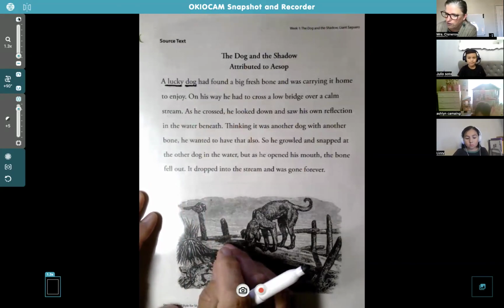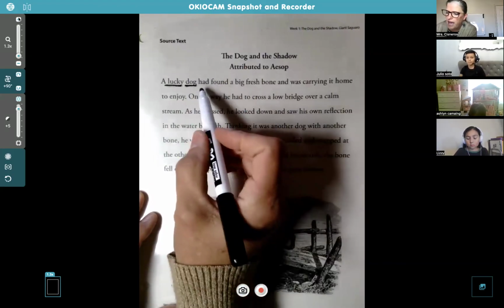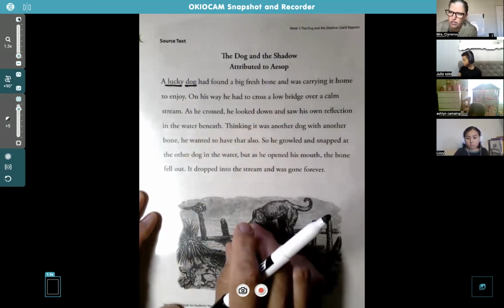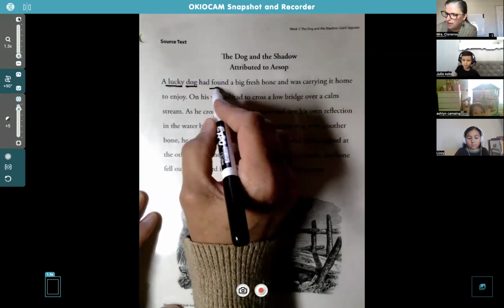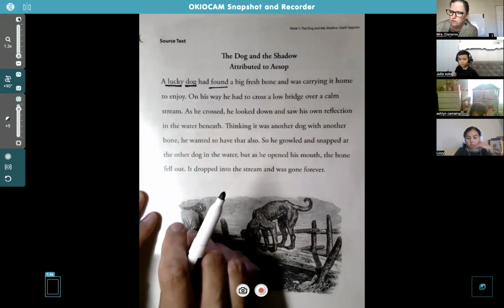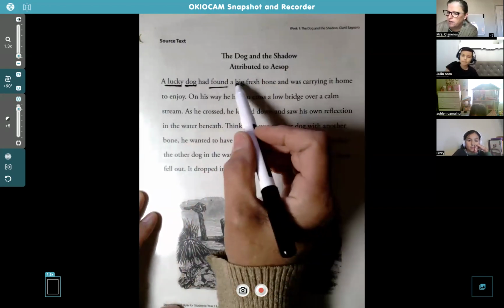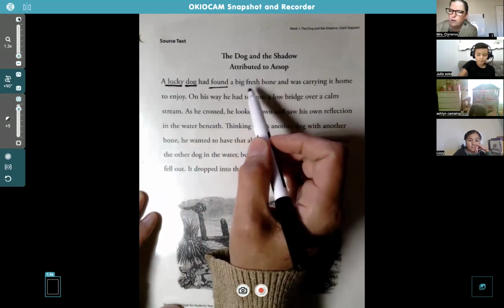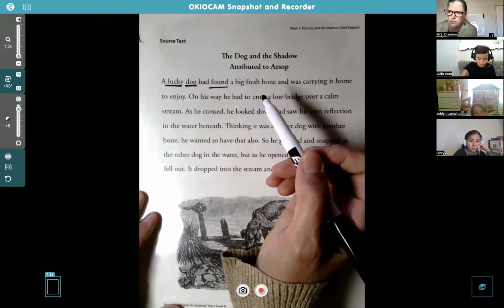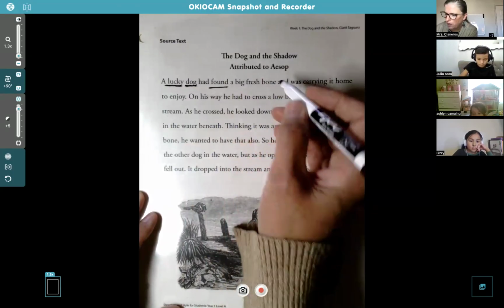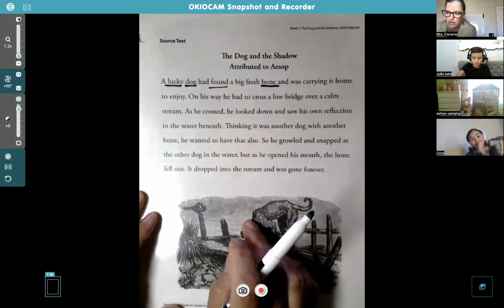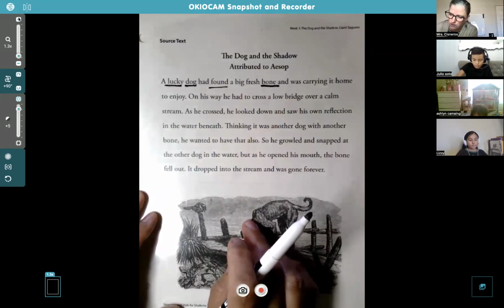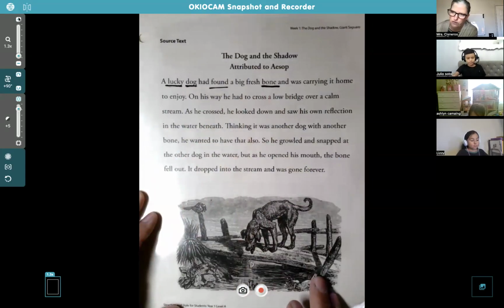That's important to know. The word had, nah, not a key word. Found, okay, yeah, that's a key word. Go ahead and underline as I underline too. A big fresh bone. Well, big and fresh are important because they're telling us about the bone, but I'm going to skip big and fresh. Bone is important. We got to know about the bone. That's kind of the main part of the story, right?